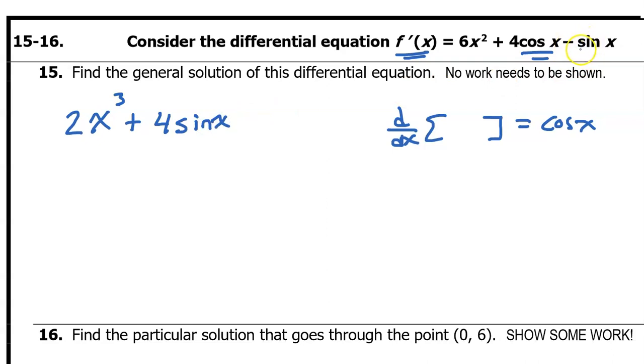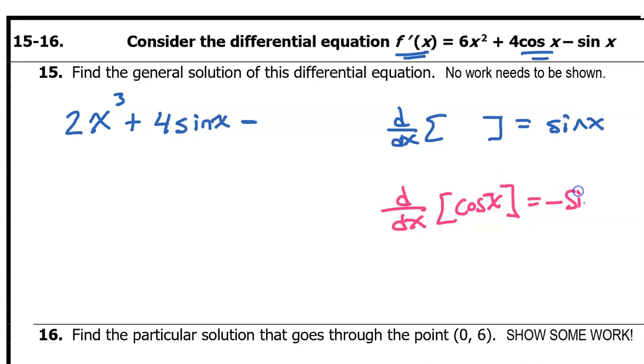What about this last term? I've got this minus sign here. We'll see if that lasts. This time I'm asking myself the derivative of what is equal to sine. Well, I know that the derivative of cosine is negative sine.